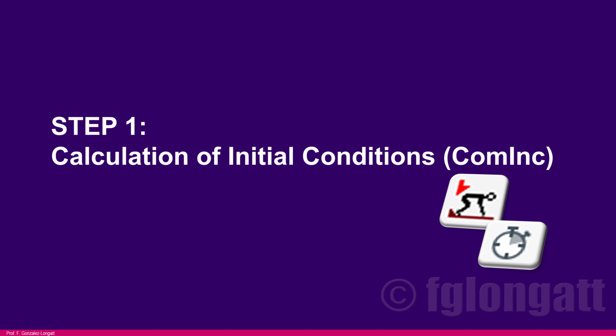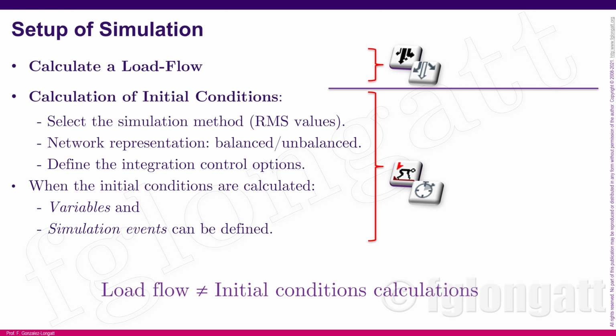The first step of this dynamic simulation inside DIgSILENT Power Factory time domain simulation is calculating the initial conditions. As I said before, initial conditions are different. They are not the same as load flow. Load flow is basically a calculation where you obtain the steady state.